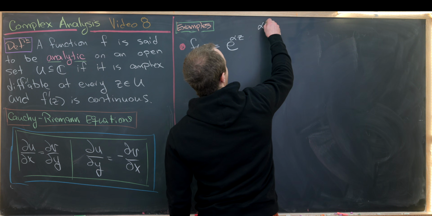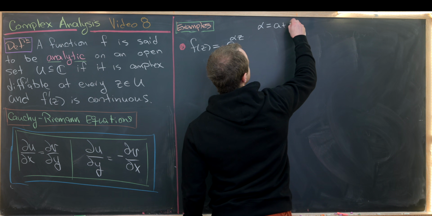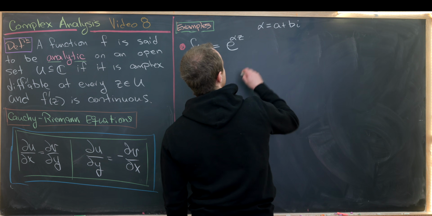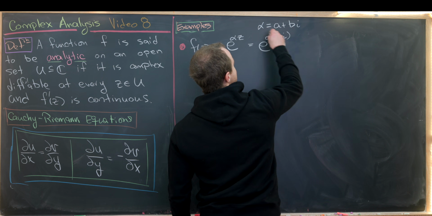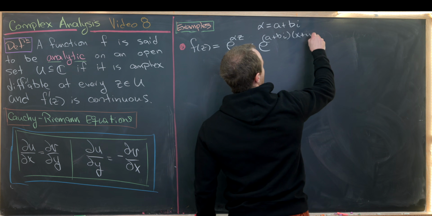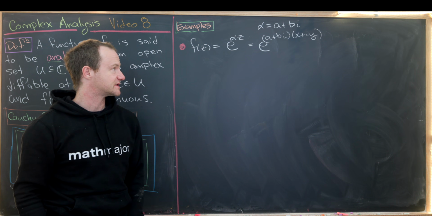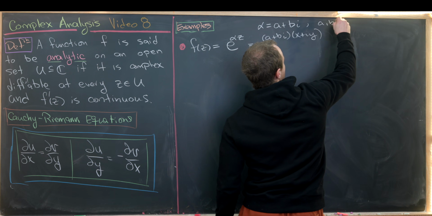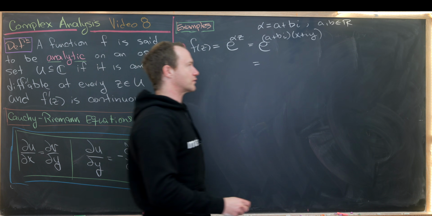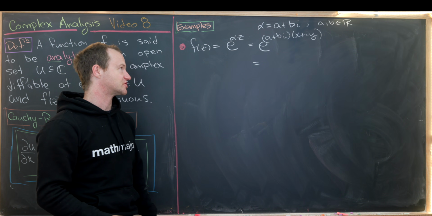So maybe we'll set alpha equal to a plus b times i. Here we have e to the (a plus bi) times (x plus iy), given that z is x plus iy. Now we can multiply this out. I guess without saying, we should say that a and b are real numbers, the real and imaginary part of alpha.